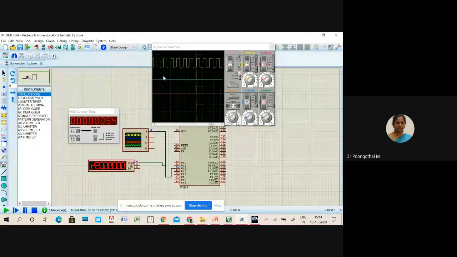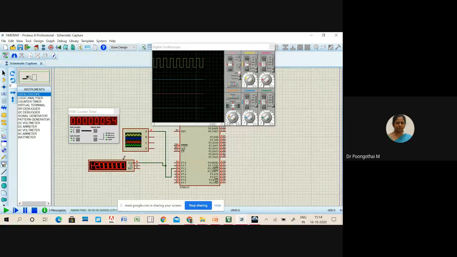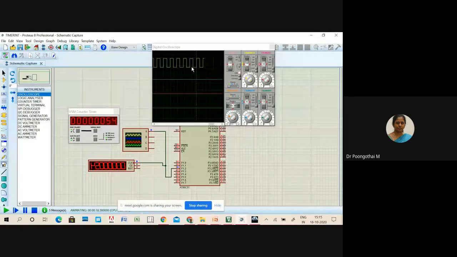So here you can see the square wave is continuously generated at P1.2. At the same time, the counter timer virtual device is measuring the frequency. The frequency is approximately 50 to 55. The frequency of the square wave is being displayed in the VSM counter timer device. Okay.